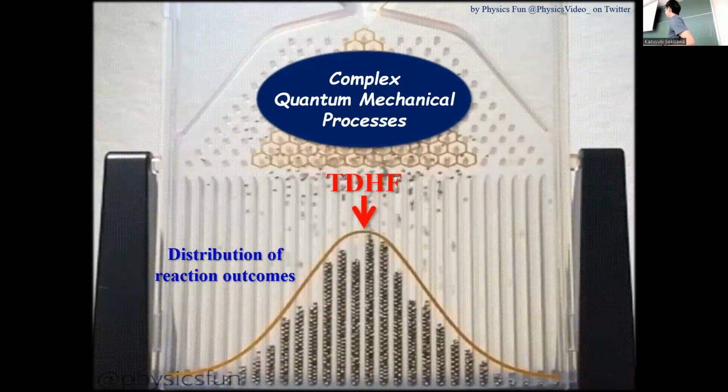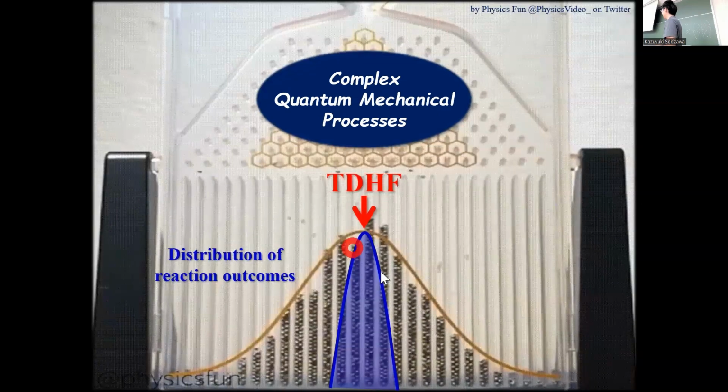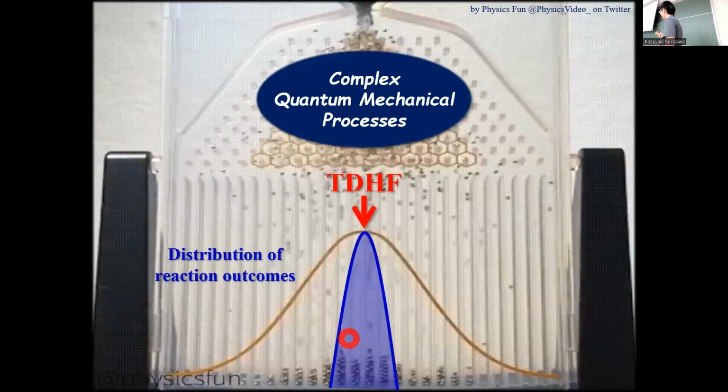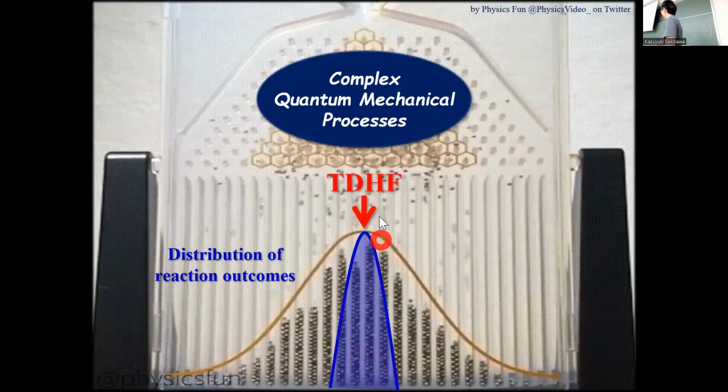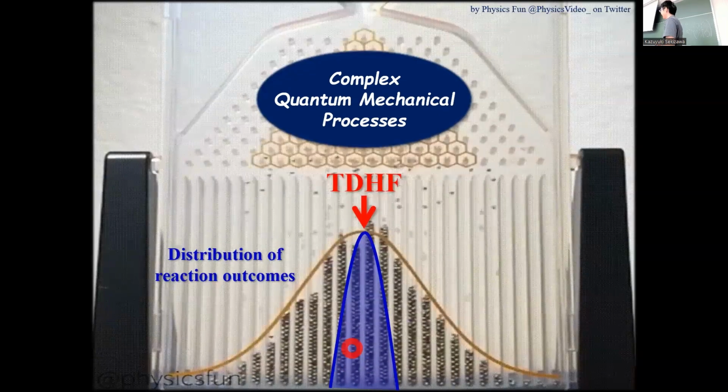It cannot describe well the distribution of the observables. We can get some part of the distributions, but it is underestimated.